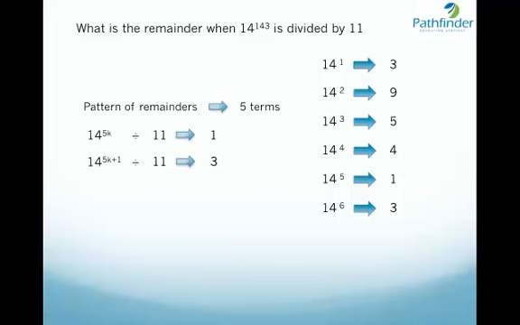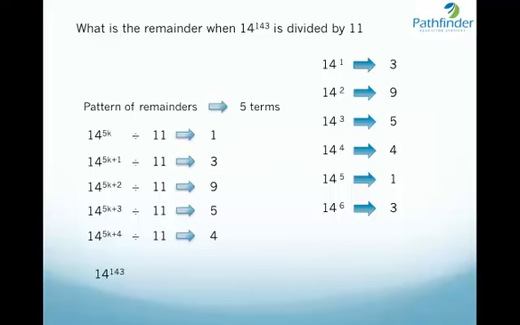So 5k plus 1 is any multiple of 5 plus 1. 14 to the power of 5k plus 2 when divided by 11 gives a remainder of 9. 14 to the power of 5k plus 3 gives a remainder of 5. 14 to the power of 5k plus 4 gives a remainder of 4.